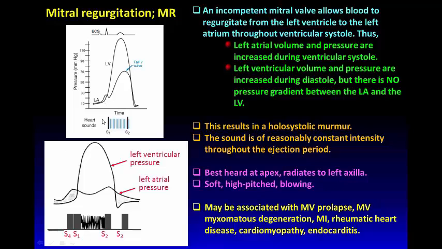So here we have the left ventricular pressure curve, which is normal, and this is the left atrial pressure curve showing a tall V wave. Remember, the normal V wave in the atrial pressure curve is because of the accumulation of blood in the atrium.